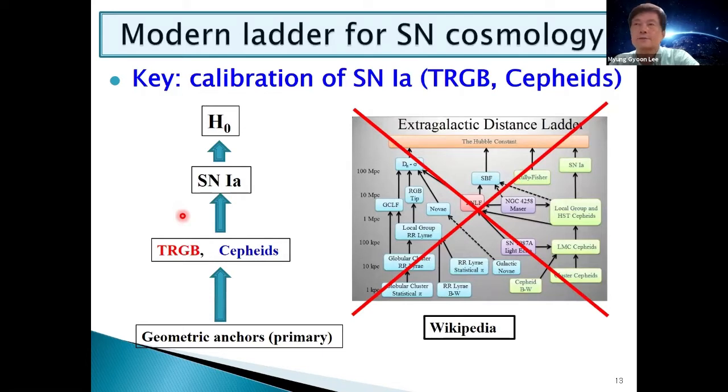In the past, we have been depending on the old ladder given in the right panel here. This is given in Wikipedia, but it is a very old and obsolete ladder, and the modern ladder is given here. TRGB and surface brightness fluctuations are directly calibrated using geometric distance anchors.